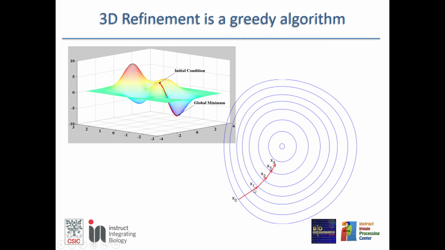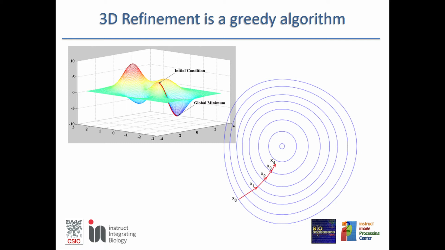And then you have a new initial volume or a new estimate of what the volume looks like, and then you update it again and update it again, and so on. So this is the typical procedure, and this is pretty greedy.